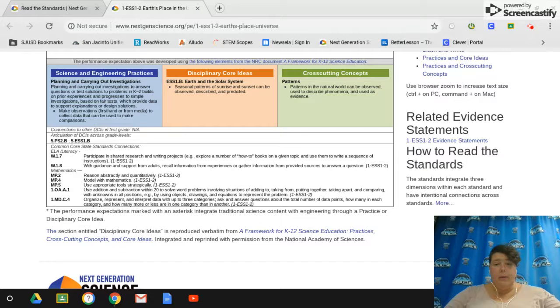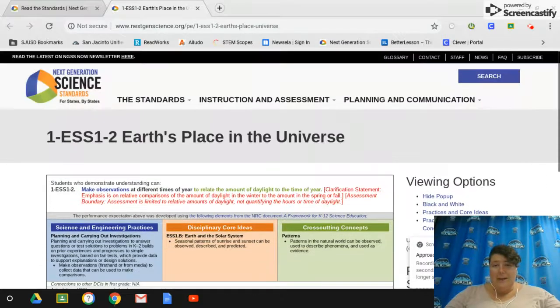They're talking about these seasonal patterns or patterns on Earth again in fifth grade. You can also look at the Common Core state standards if you want to make a connection between your language arts and your math. So I think that kind of wraps up reading the standards on the NGSS website.